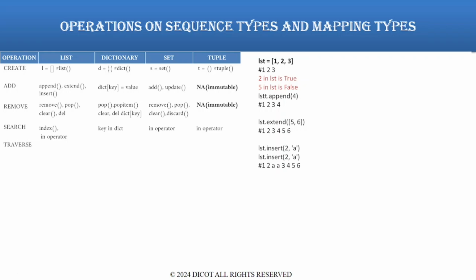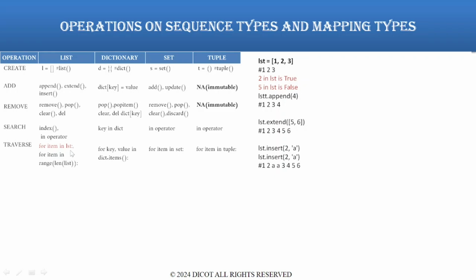To traverse, we can use a for loop for all cases. For instance, to traverse the list LST with values 1, 2, 3, we can use the for loop: for item in LST, and we can access the values using the symbol item inside the body of the loop.